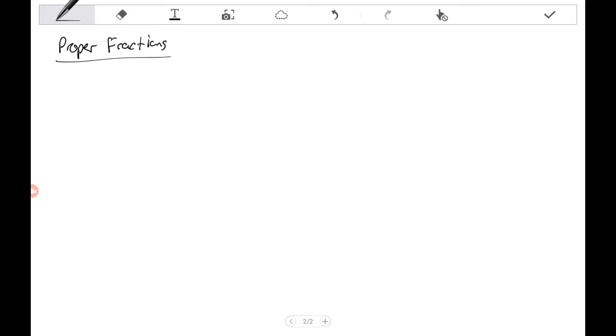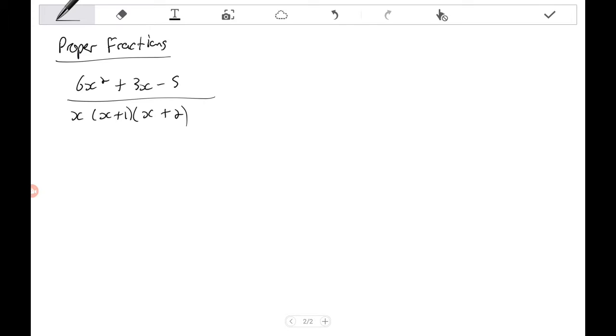So, for example, we could have something like, let's go with, 6x squared plus 3x minus 5 over x times (x plus 1) times (x plus 2).